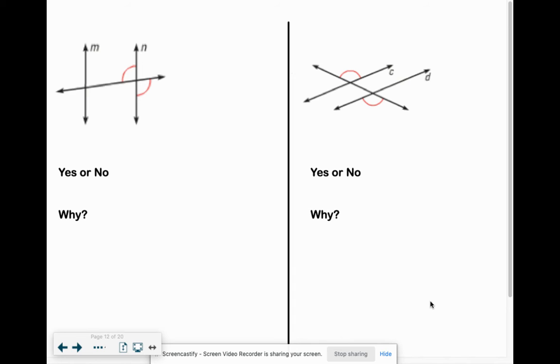Yeah. So are these two angles in any special spot that would help us show lines are parallel? Well, this one's on the exterior, but this one's on the interior. So it's not either of those. You guys remember what angles are called that are across from each other?